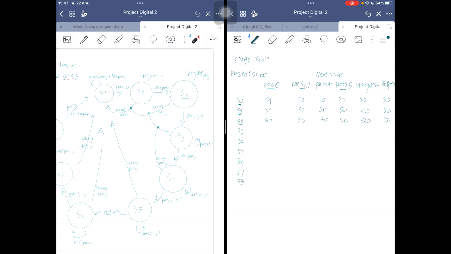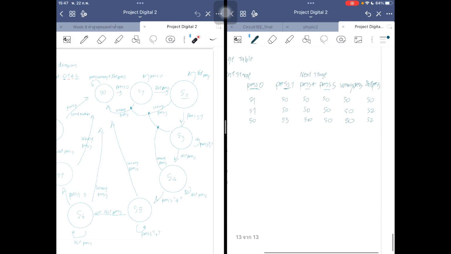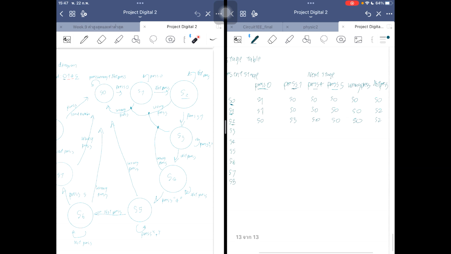Go to state 3. In state 3, when you do not press or you release the button from press 1, it will go to state 4 immediately. Another condition is when you still hold press 1, it will stay in state 3 too.